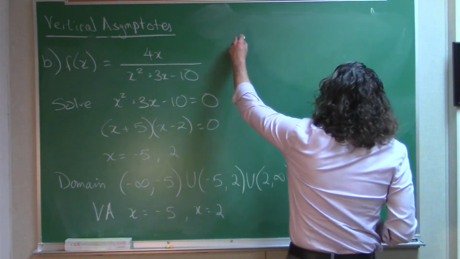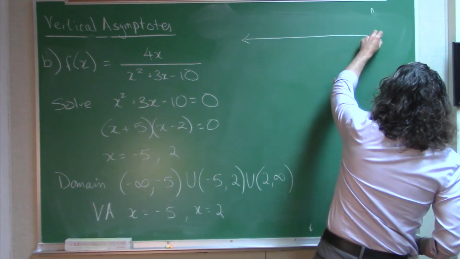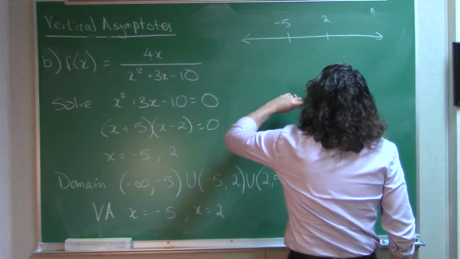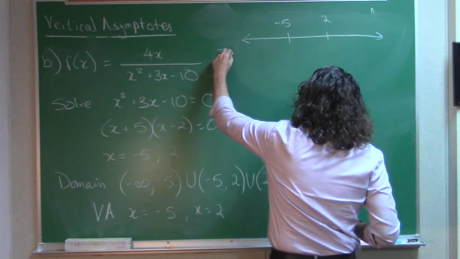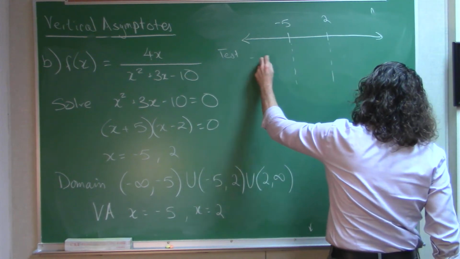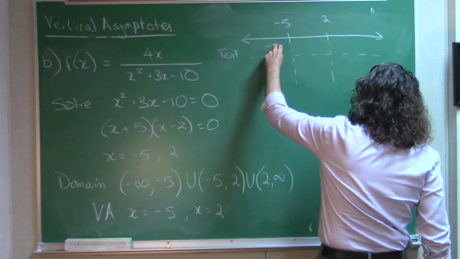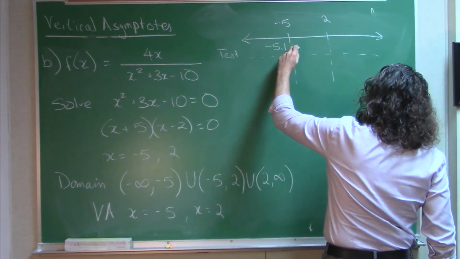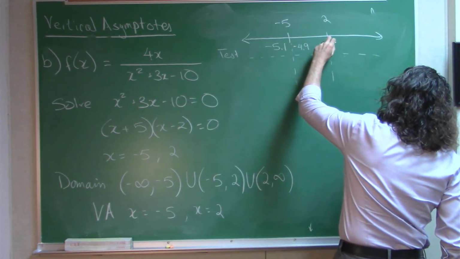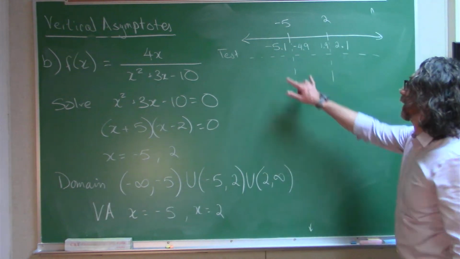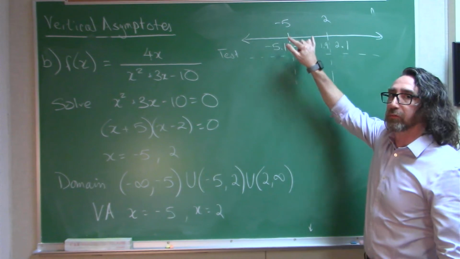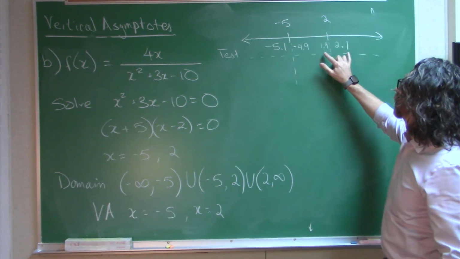Once again, I'm interested in the behavior of my function at these vertical asymptotes. So I'll make a little sign chart, very similar to what I did just a second ago. I'm wanting to pick values really close to -5, one less, one greater, and really close to 2, one less, one greater.